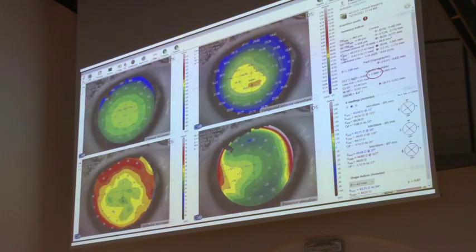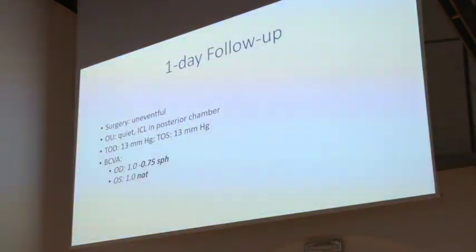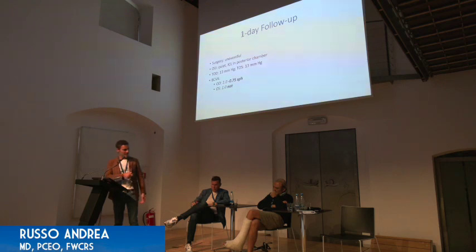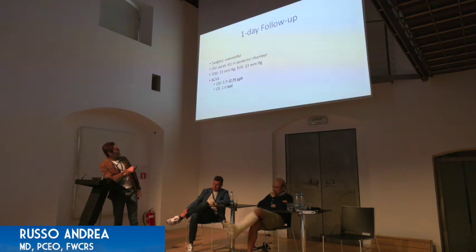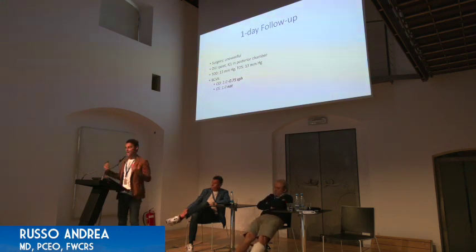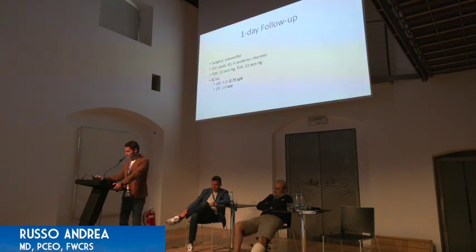Everything was unremarkable, as you can see. We implanted the ICL, and the day after, everything was perfect. The visual acuity was 20/20 in the left eye and 20/20 in the right eye, with a small negative target as we wanted. So just a perfect surgery the day after.